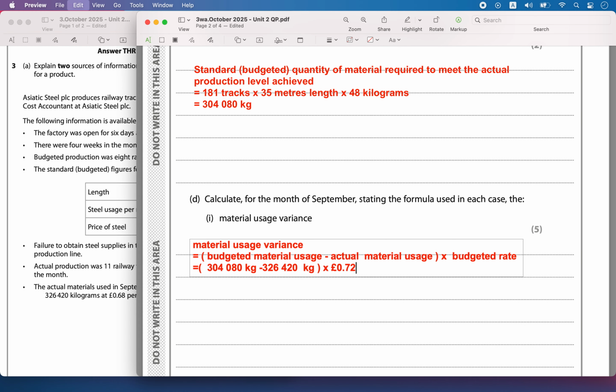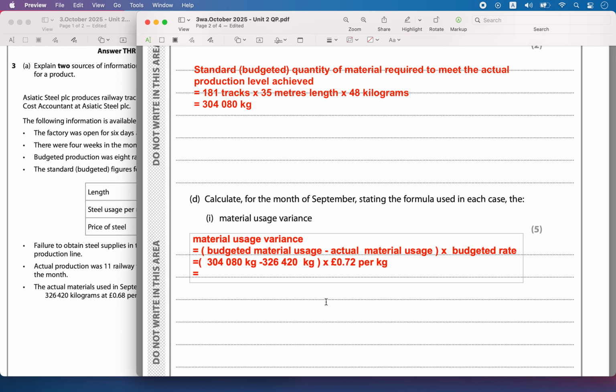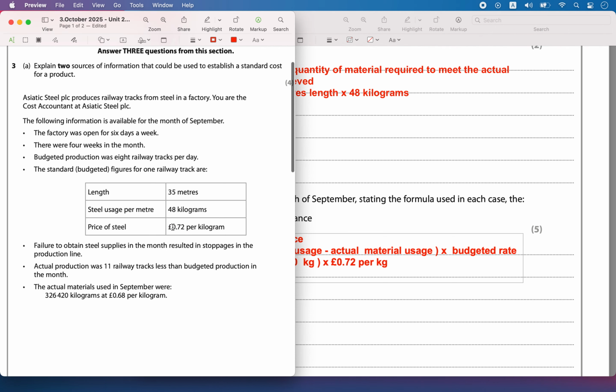It was to be purchased at 0.72 per kilogram. So the material usage variance that has happened is equal to 16,084.80 pounds.